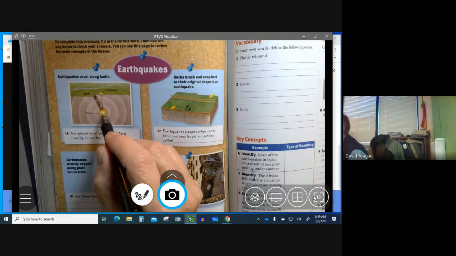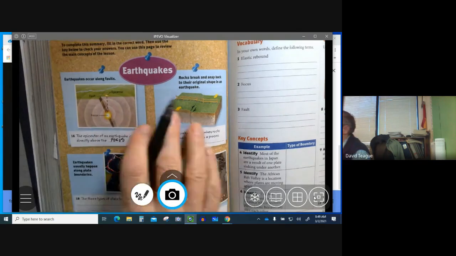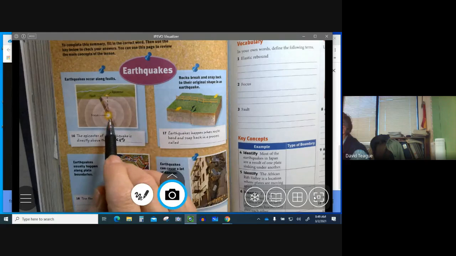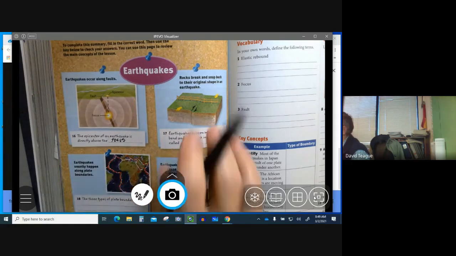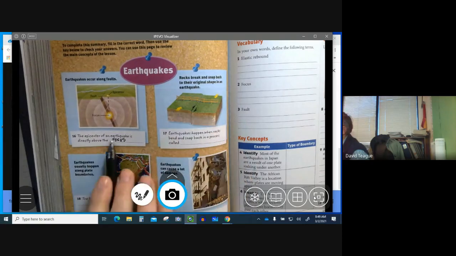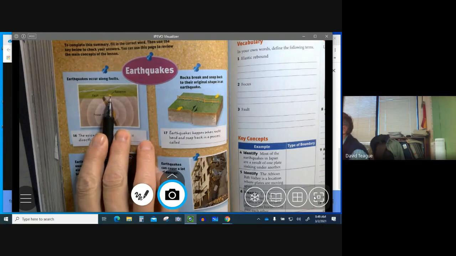This is where the action is actually happening, down in the earth. Depending on what kind of plate boundary you're talking about, it could be higher or lower. So the epicenter of the earthquake is directly above the focus. The epicenter is on the surface.